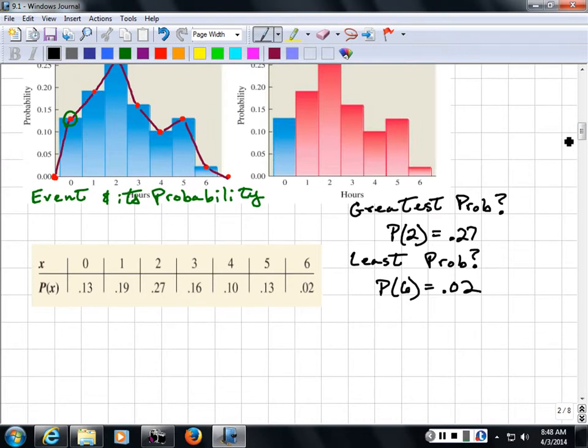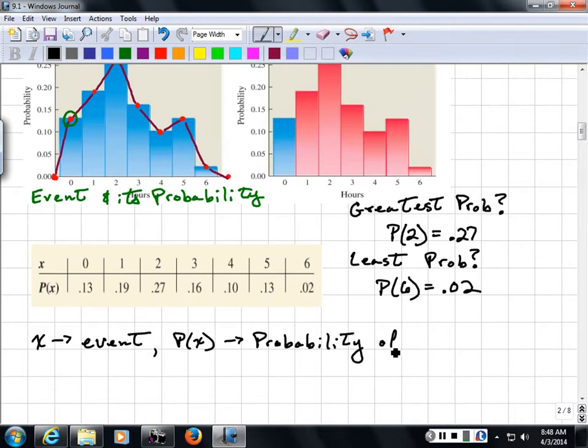It really isn't. For example, if x is the event and p of x represents the probability of the event, then what is P of 3?